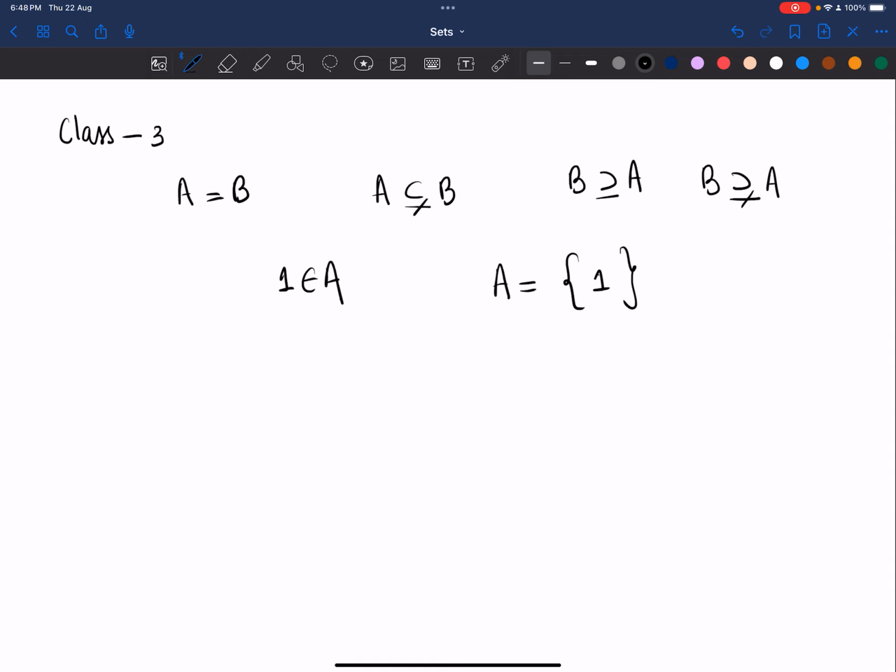So now what we're going to do is, and we have talked about sets in terms of rooms and stuff, something like that.